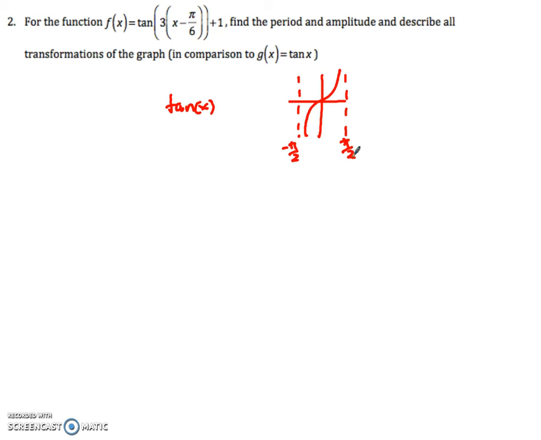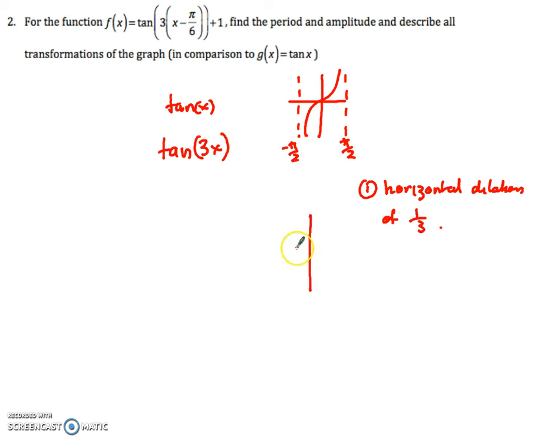The next thing we're looking for is stretches, and you'll notice that we have this 3 here. Anytime you replace x with 3x, it's going to have an impact on the period. In fact, it's going to be a horizontal dilation of 1/3. The period is going to reduce by a factor of 1/3.